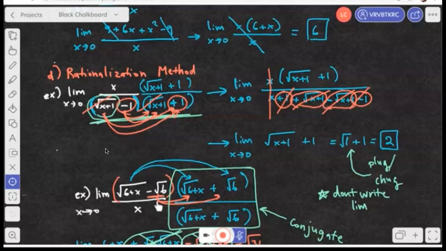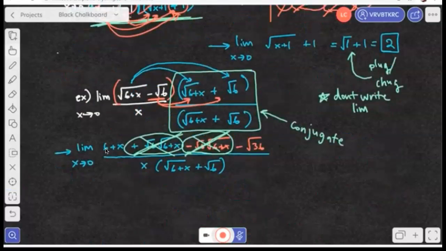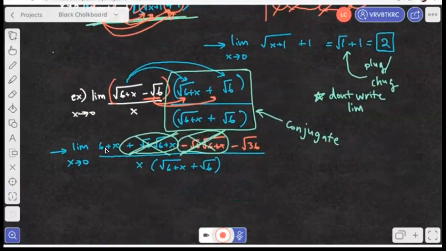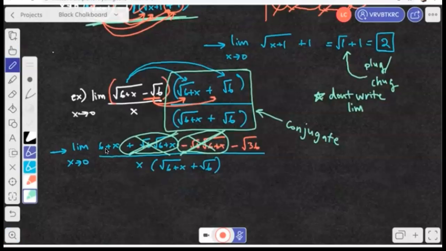The inner terms and the outer terms cancel. And so that always happens. That always happens with rationalization. You're going to get rid of the square roots. That was the whole point. We had problems with square roots and we get rid of them by multiplying by the conjugate. Alright, so now we're going to clean this up.